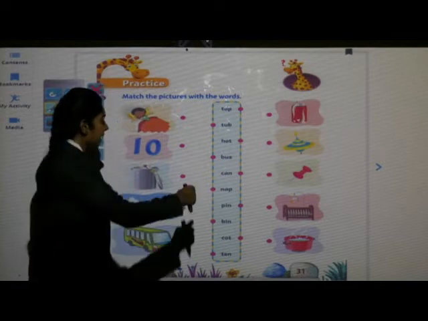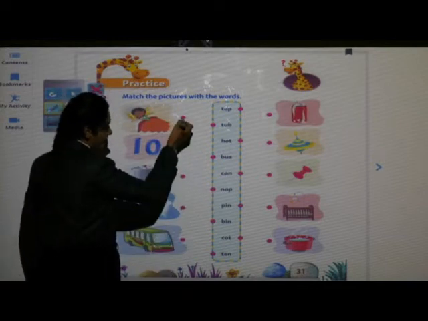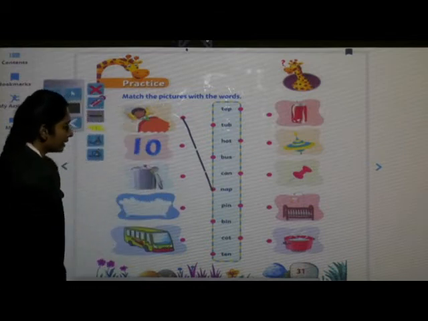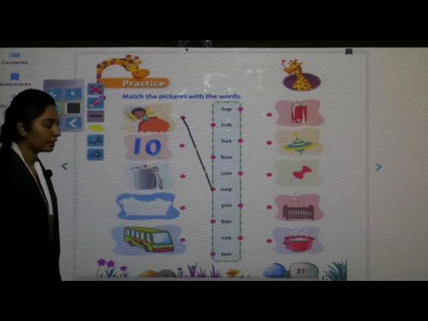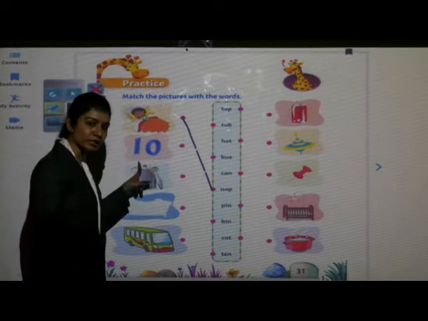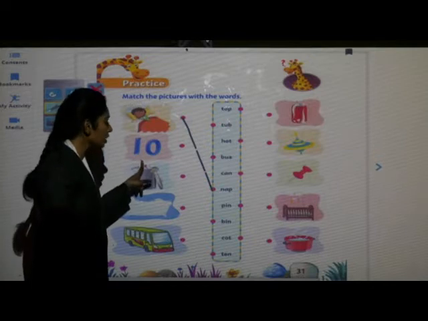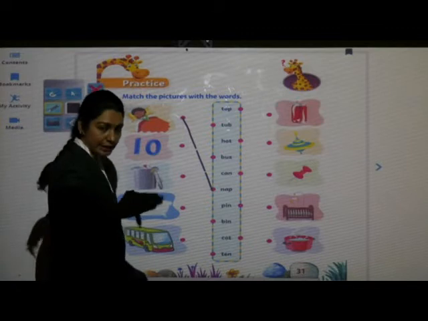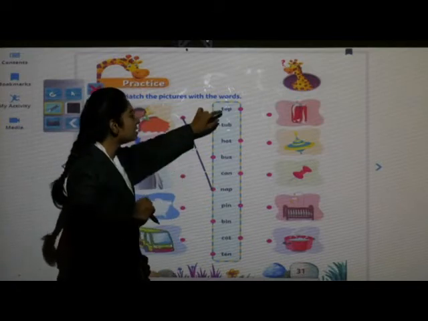Take your scale, keep it in a slanting way. Yes. Completed? Next. See, what is this? 1, 0, 10 or 2, 0, 20? 1, 0, 10. Very good. So children, where is the spelling of 10? Repeat after me each time, okay children?